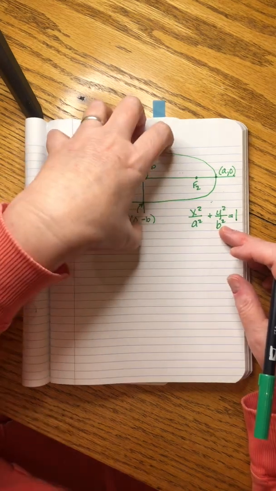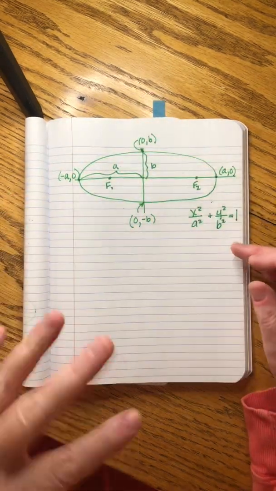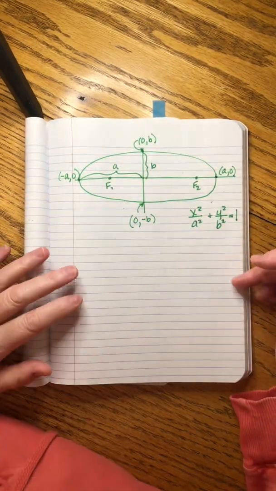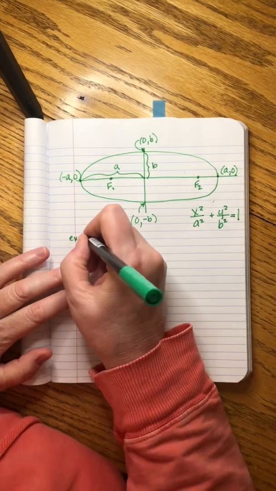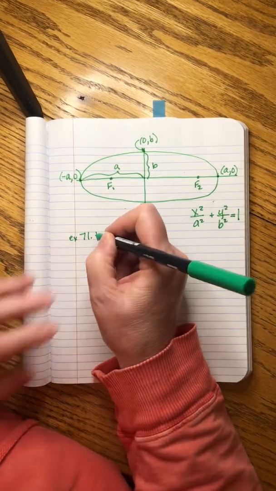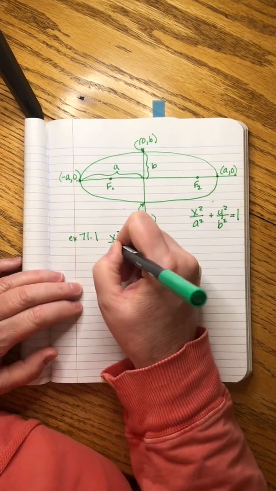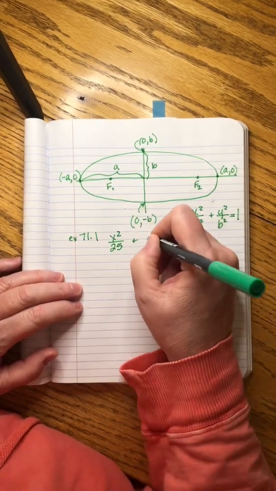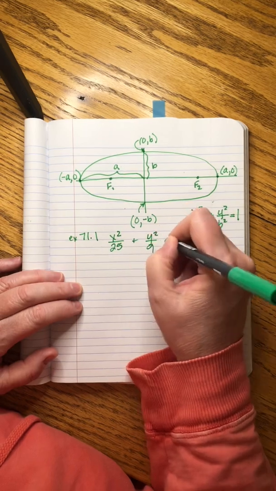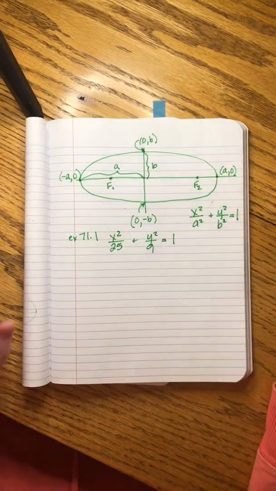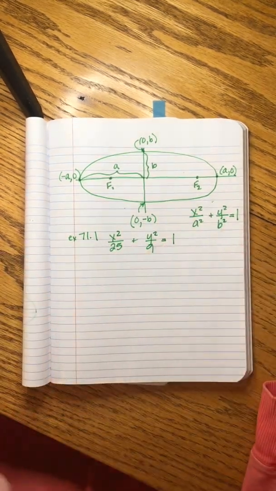Okay, so what this does is it allows us to take this information and graph, or it allows us to take the graph and figure it out, depending on what John gives us numbers for. So let's see what he's got up his sleeves in example 71.1. Graph the ellipse. X squared over 25 plus y squared over 9 equals 1. Okay, this looks really good. It looks set up properly.